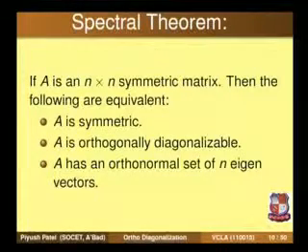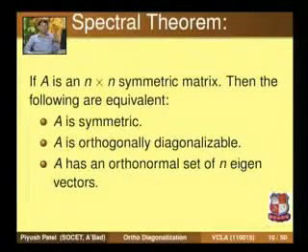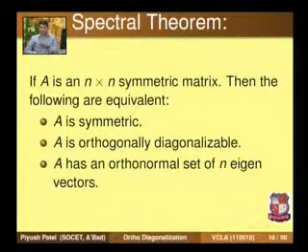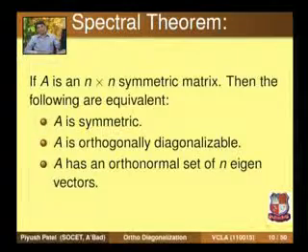This theorem is crucial for orthogonal diagonalization, because it says that the matrix is symmetric if and only if it is orthogonally diagonalizable. So the only matrices which are orthogonally diagonalizable are symmetric matrices, and if the matrix is symmetric, then you can orthogonally diagonalize it.